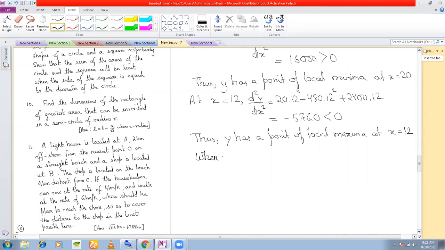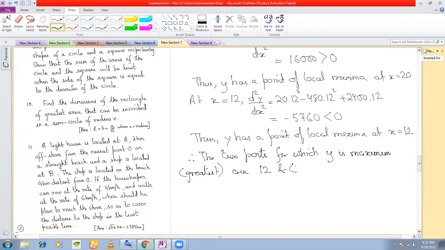Therefore, the two parts for which y is maximum or greatest are 12, one part, and what is the other part? 20 minus 12.